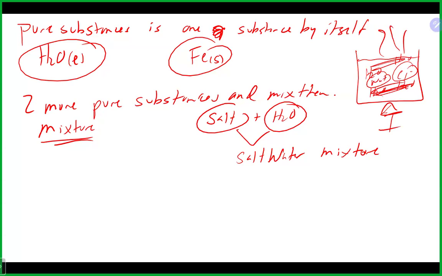And you could technically collect that, and then the sodium and the chloride would come back and we would get the salt back. So remember that although they are mixtures, it is not a chemical change, it is a physical change. They maintain their identities. You could actually, through physical means, get back both parts of a mixture.